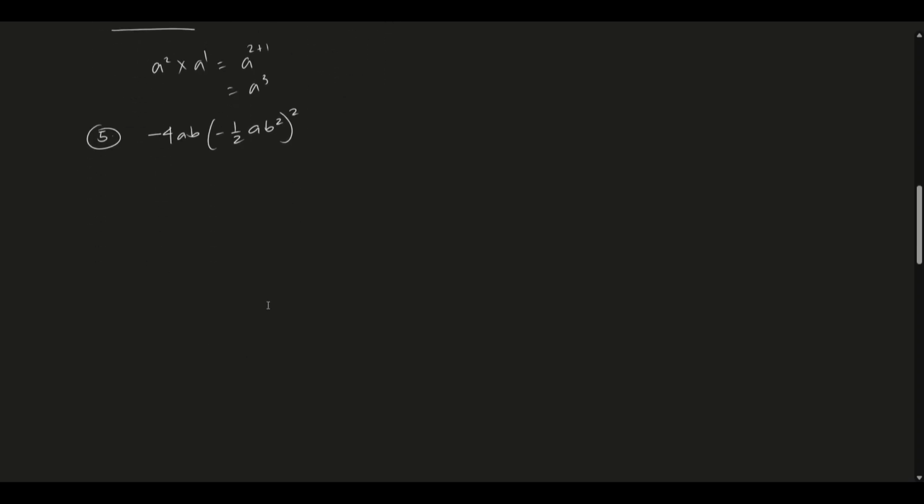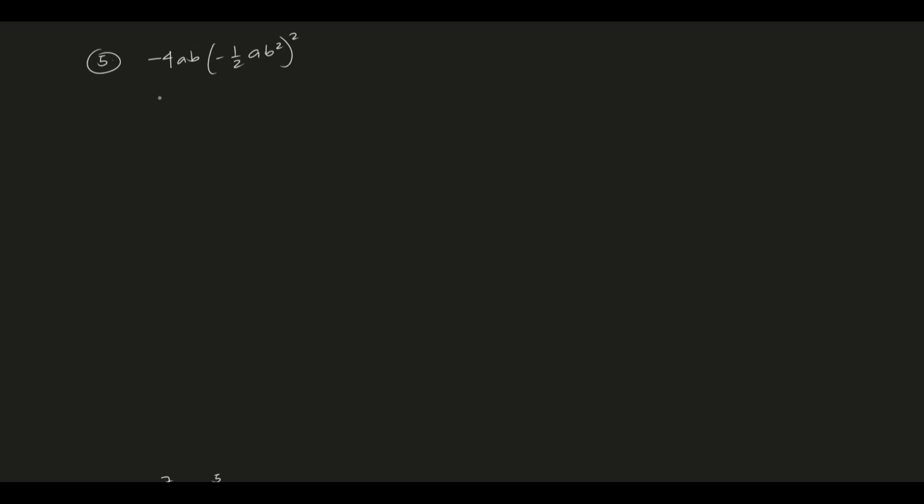So let's try a much more complex example. Let's say we have here negative 4ab multiplied to the power inside, negative 1 half ab raised to the 2. So we have negative 4ab. And this power of 2 here, let's distribute it inside.